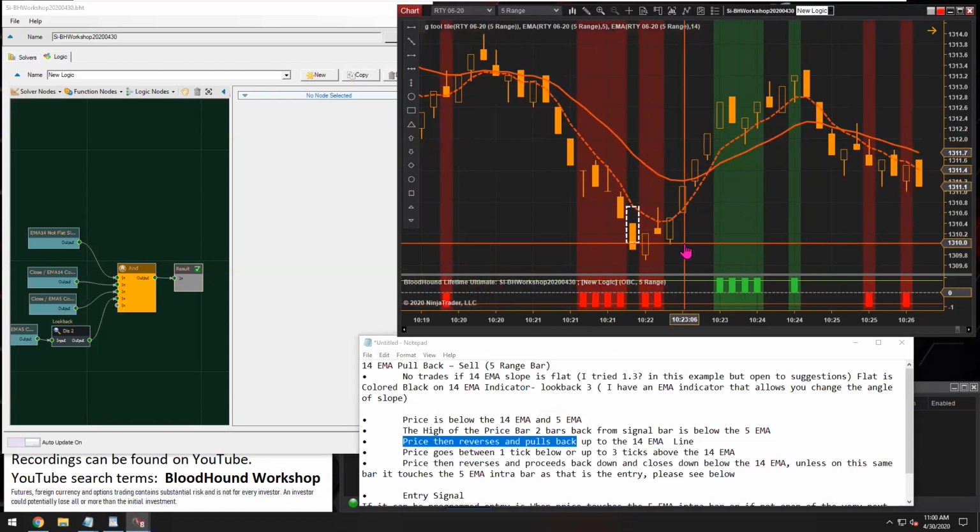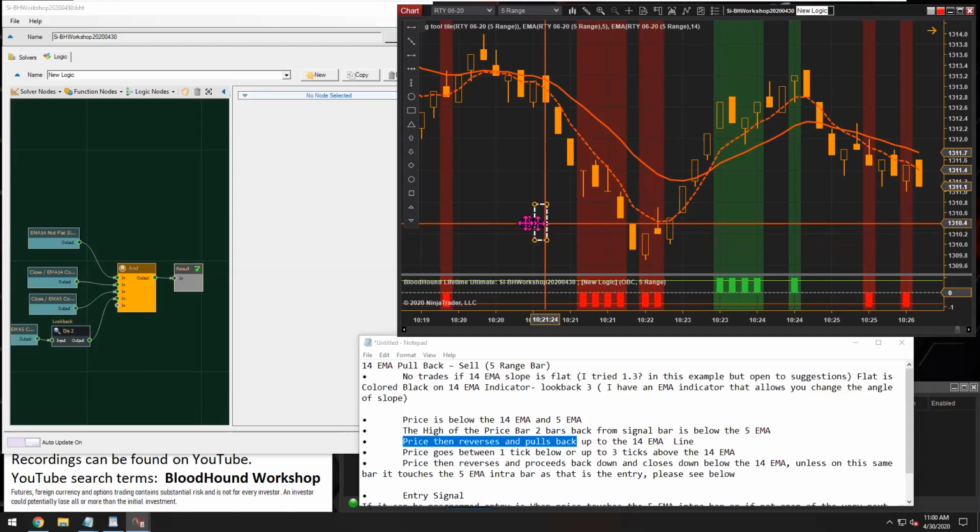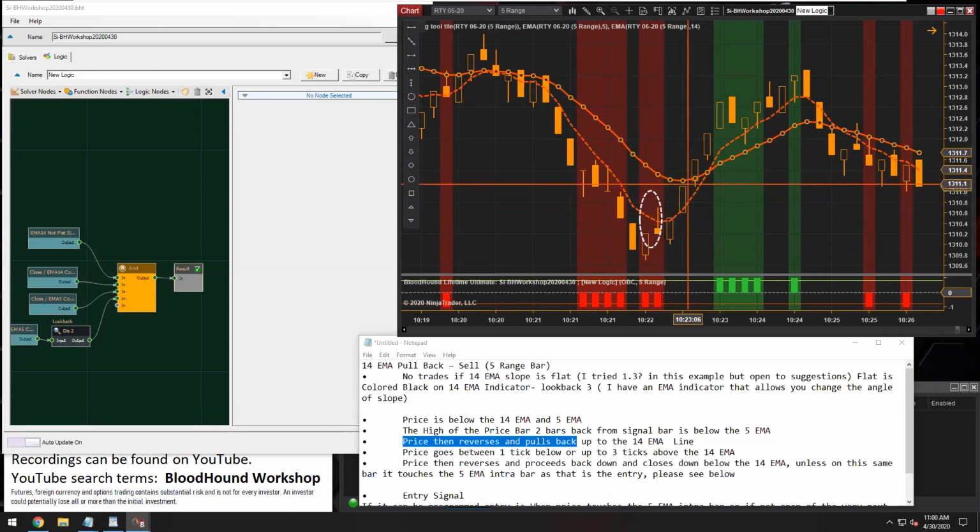Essentially, what we're doing is taking this output and we just need to wait for price to move back up to our EMA and hopefully get a bounce off of that.